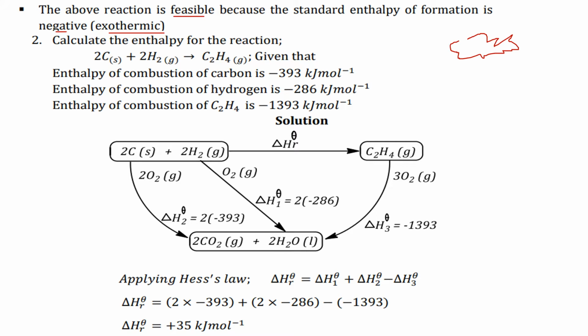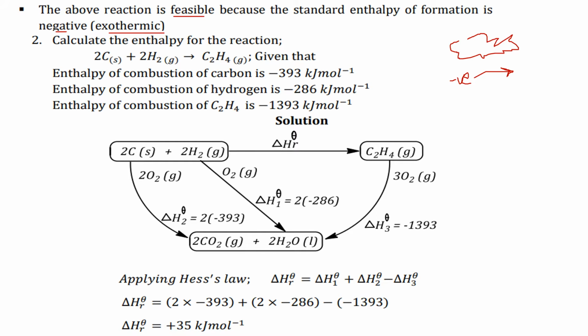So once you get your final answer in negatives, it means such a reaction gave out or evolved energy. Any reaction that evolves energy we term an exothermic reaction, and such reactions are for formation of stable compounds. That means such reactions are very feasible, or very spontaneous, and can easily take place at room temperature.